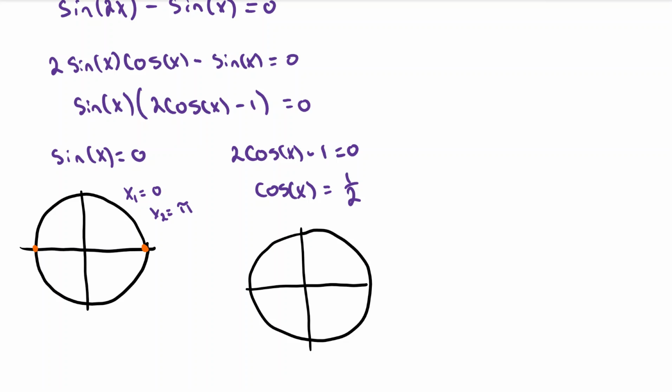If I then do the same thing and move over to my cosine of x is equal to 1/2, you can remember that cosine is treated as the x coordinate on the unit circle.